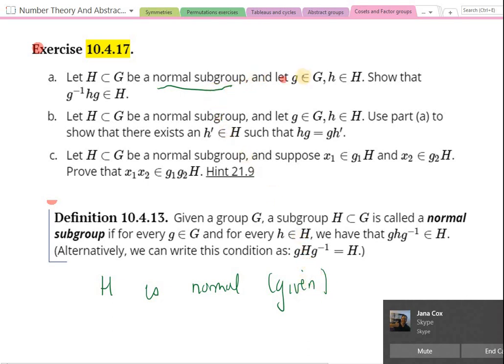And then we want to show, for little g in big G and little h in big H, that g inverse hg is in big H. Now from the definition here, we have for every little g and every little h in big H, we have ghg inverse is in H.